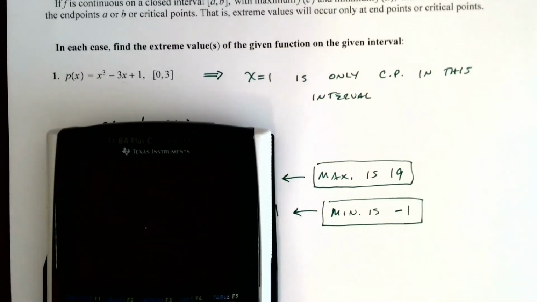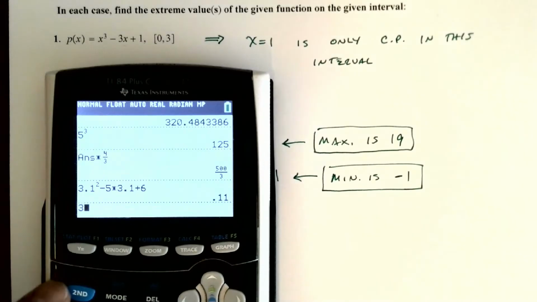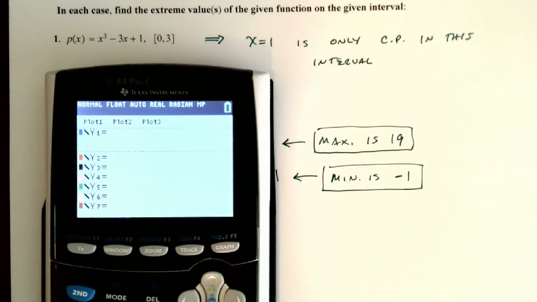If I were to graph this function, so what do we have here? We have x cubed minus 3x plus 1. Whoops, I'm used to the old school version.